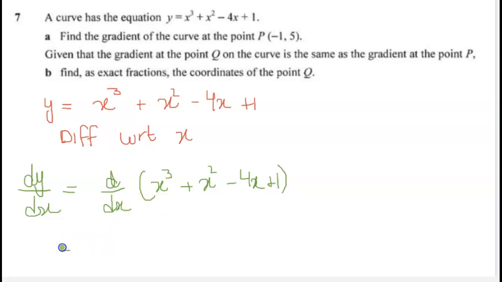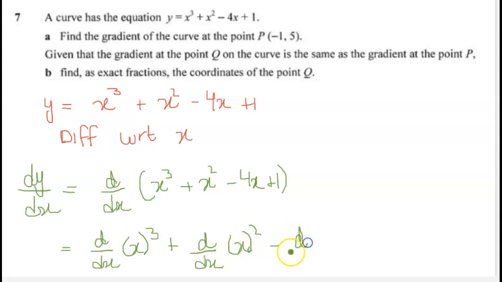Now then you need to separate the differentiation: d over dx of the x cubed plus d over dx of the x squared minus d over dx of the 4x plus d over dx of the 1.